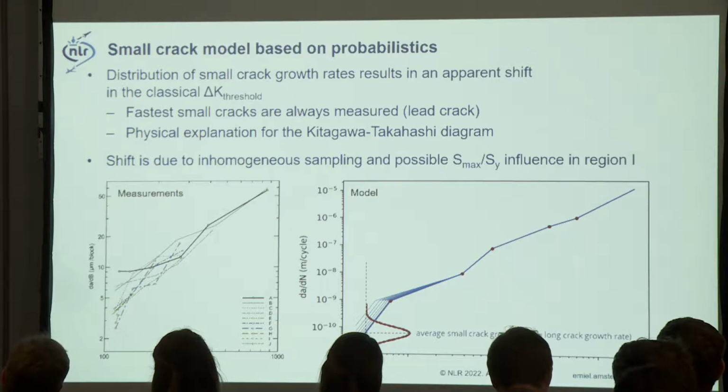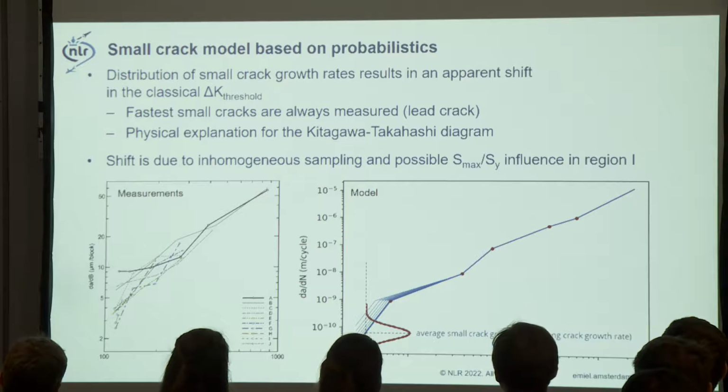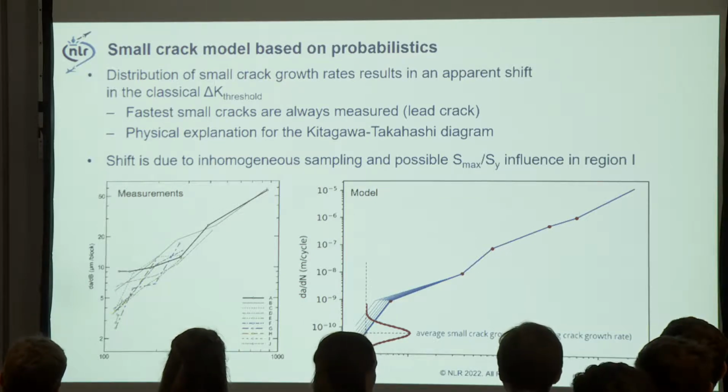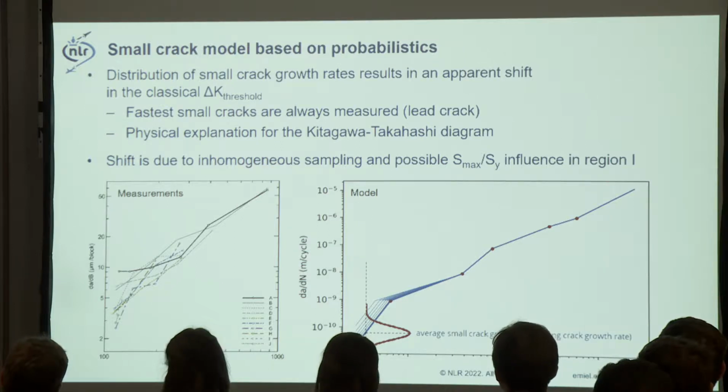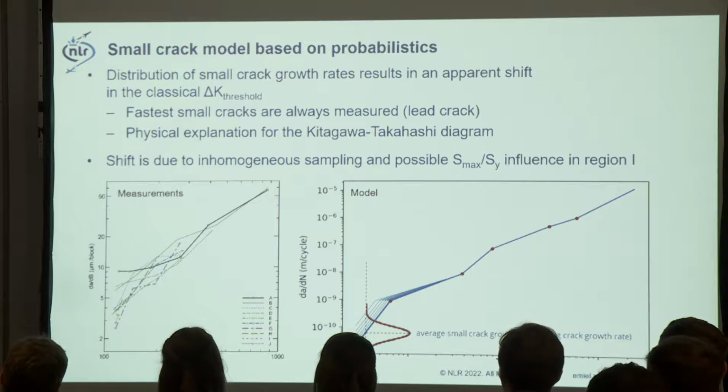So this leads us to a small crack model, which is based on probabilistics. Here you can see a measurement, and there are 1,000 artificial laser defects on such a specimen, and some of them grow a crack, some of them don't, but at the end the lead crack fills the specimen, but there are also other cracks on the same fracture surface.